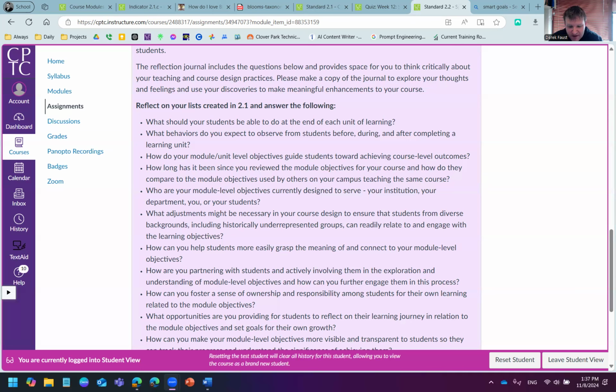To her question of could a PLO be similar, I think it's more likely that a module objective might repeat as a CLO, because a module could be a substantial part of the course.